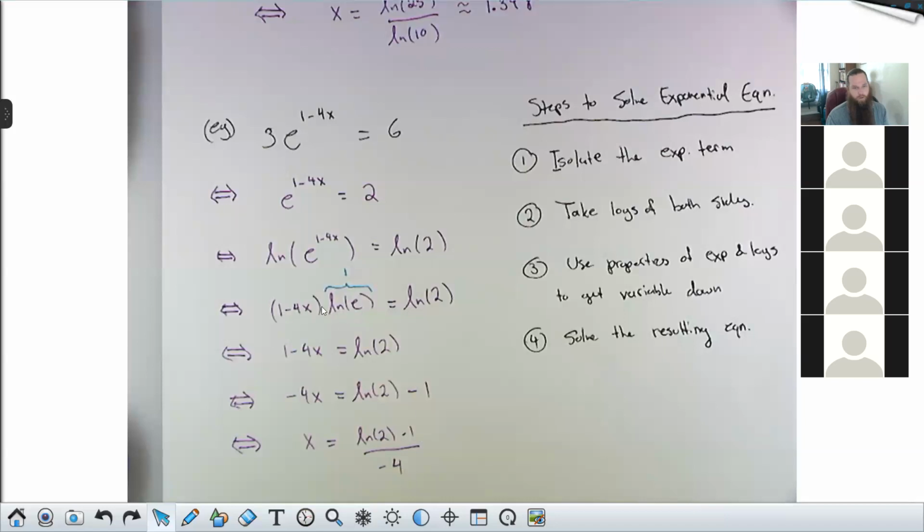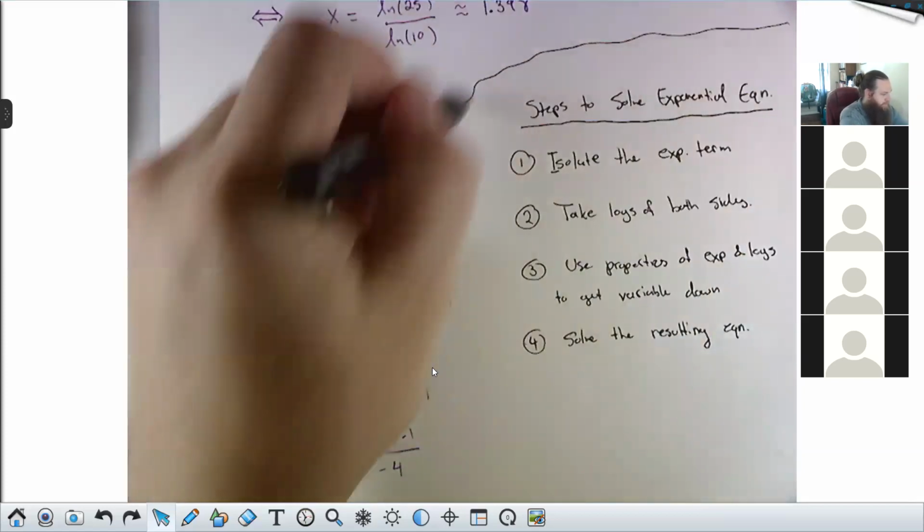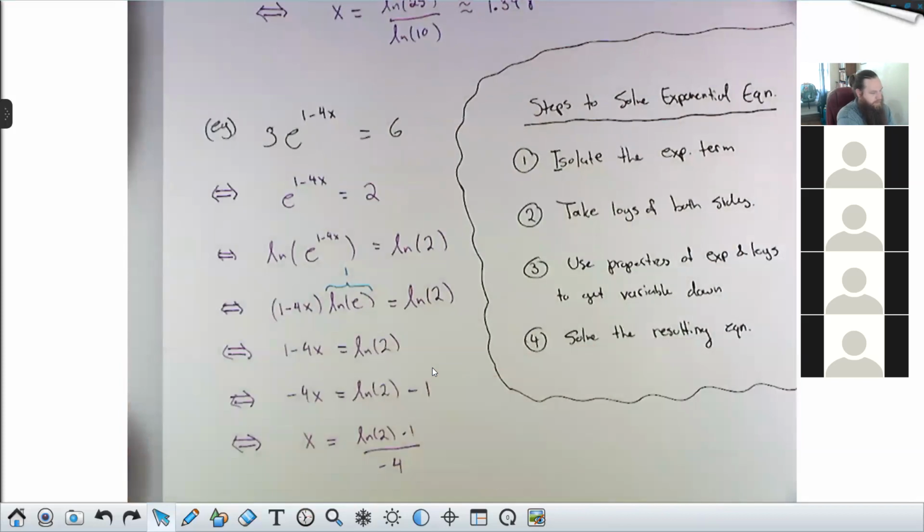You know, after you get the variable stuff down out of the power, if this was 1 minus 4x squared, then at this stage, we would have 1 minus 4x squared equals ln2. That'd be a quadratic we'd have to solve. It'd be a little bit harder. But the big deal is it's no longer an exponential equation. Step 2 here, where you take the logs, always undoes the exponentialness.